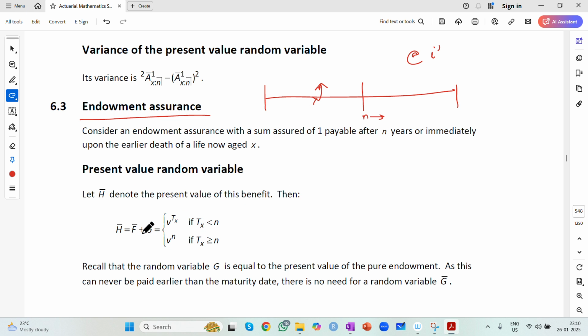So the random variable here, h bar continuous, is f bar plus g bar. G bar and G are the same thing because the benefit is paid at the maturity of the contract if the life survives till the maturity. So this is h bar.